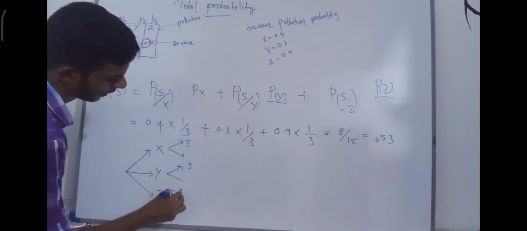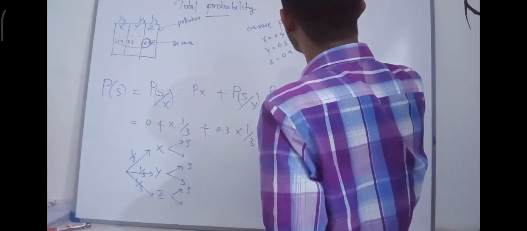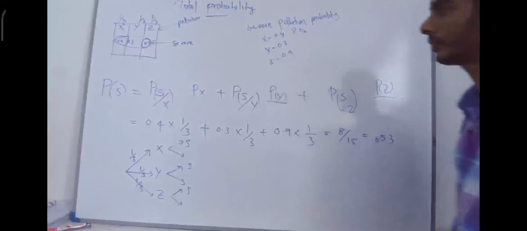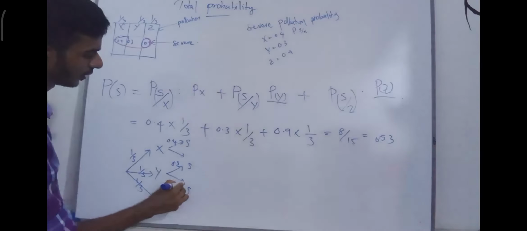If I take a city, its being X is 1/3 because we select the city at random. This is the probability of S when the city is X, that means this portion: 0.4, this is 0.3 and this is 0.9.